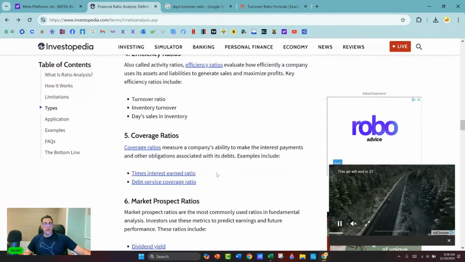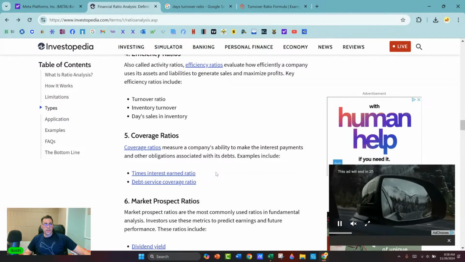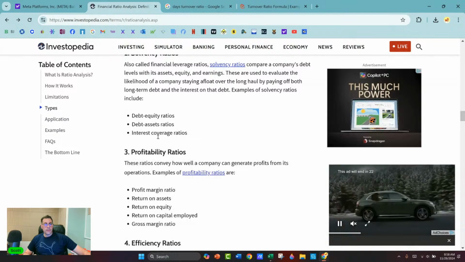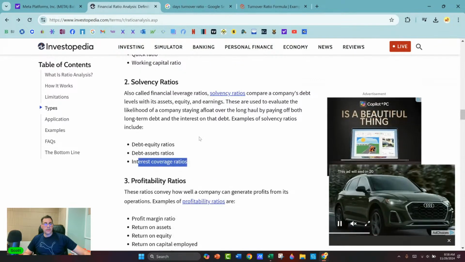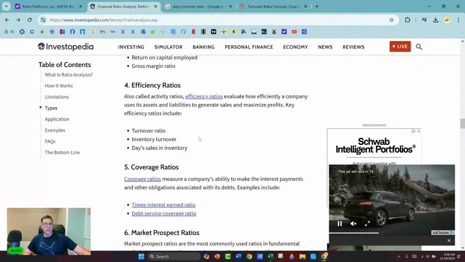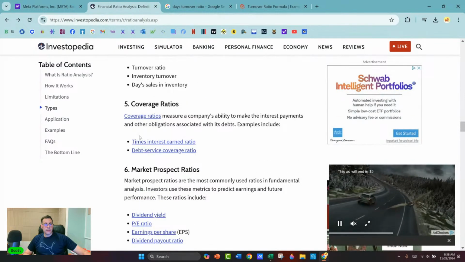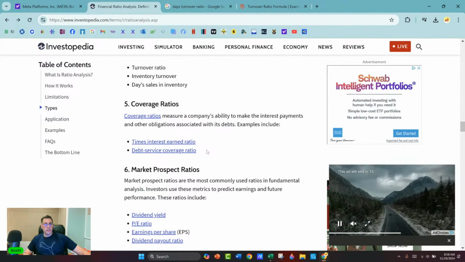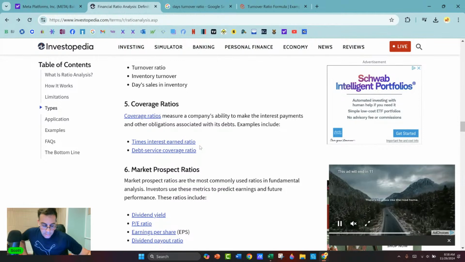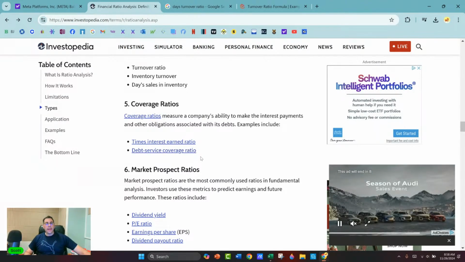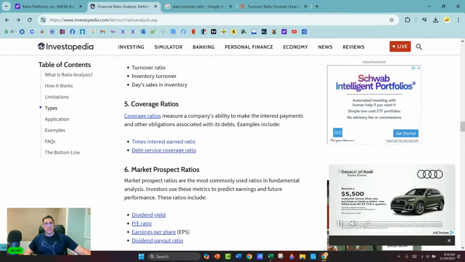Coverage ratios, times interest earned ratio, interest coverage ratio. Solvency. I guess it's the same calculation, so I guess there's no debt service coverage ratio.